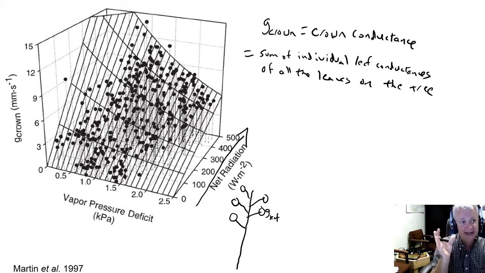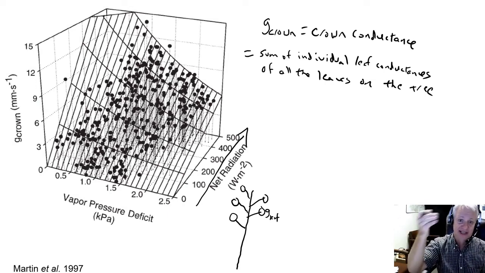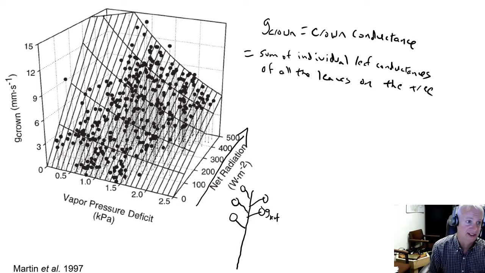So it shows the interaction of those two environmental factors and how they influence crown conductance of this individual tree. So I think this is one of the more important advances that we've gotten through the use of sap flow, is we can derive this type of large-scale, physiological information from individual trees. So I think that's pretty powerful.